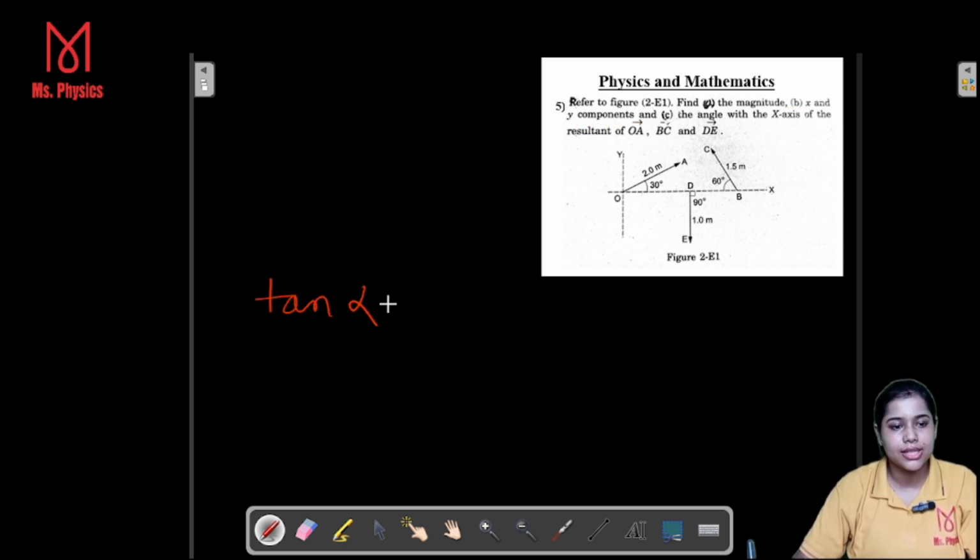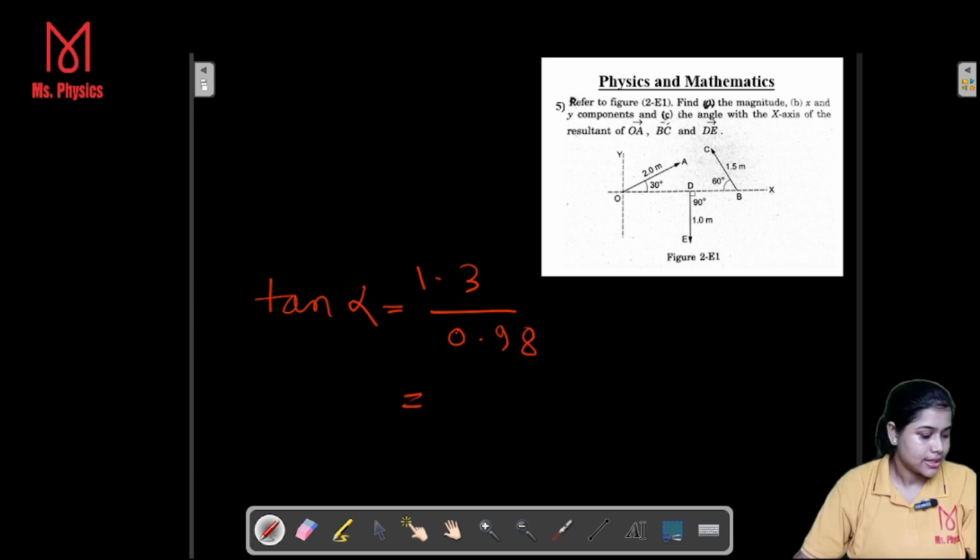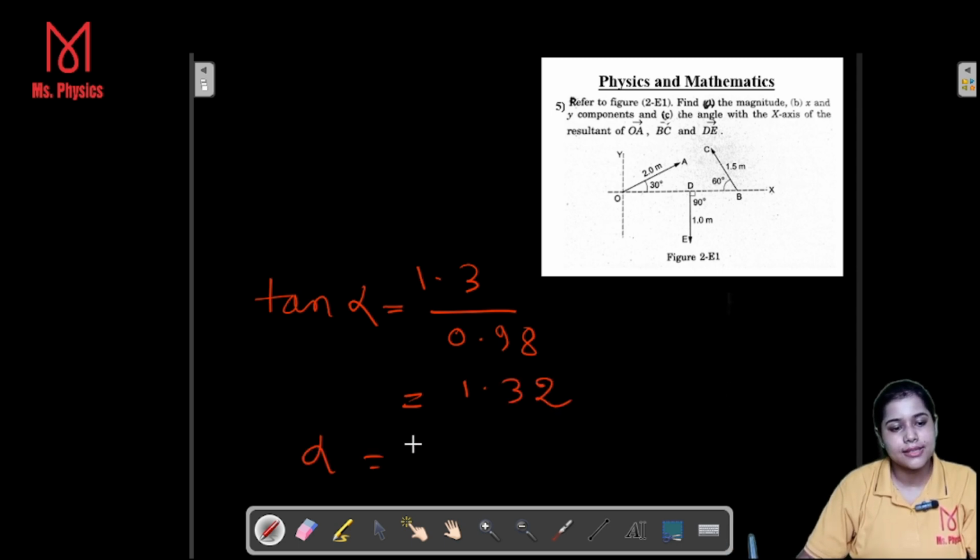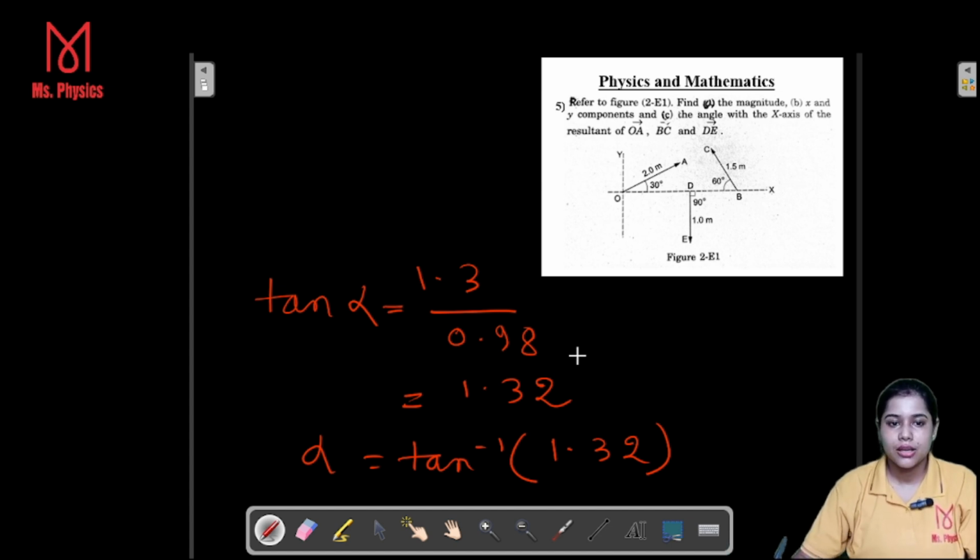So tan alpha is equal to 1.3 over 0.98. Now if you divide it, the answer would be 1.32. Therefore alpha is equal to tan inverse 1.32. So we have calculated all the values.